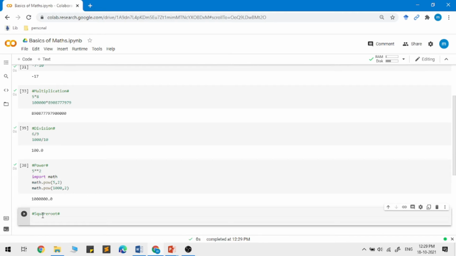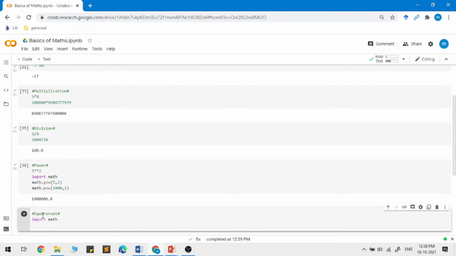To use this math function you have to import math. So import math, and I am going to find the square root. So math dot sqrt, this is your math square root function, and I want to find the square root of 49. It is very simple. We know it is 7, right?